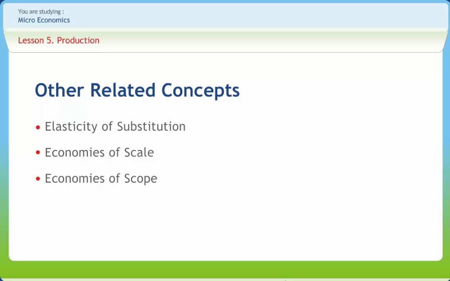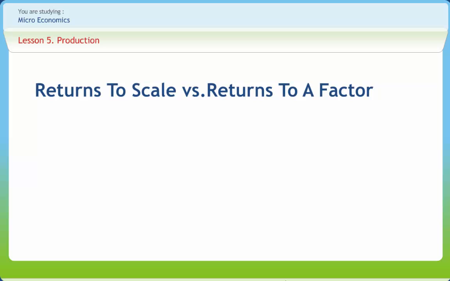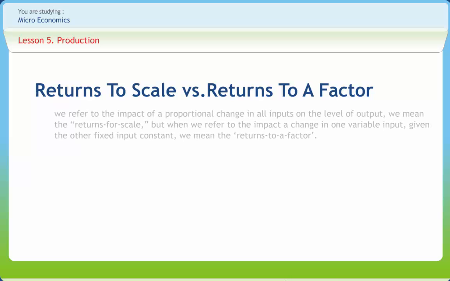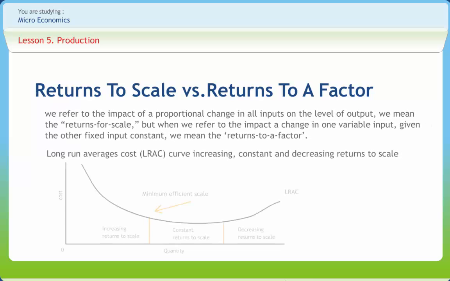Now the last topic for discussion is returns to scale versus returns to a factor. When we refer to the impact of a proportional change in all inputs on the level of output, we mean the returns to scale. But when we refer to the impact of a change in one variable input, given the other inputs fixed, we mean the returns to a factor.